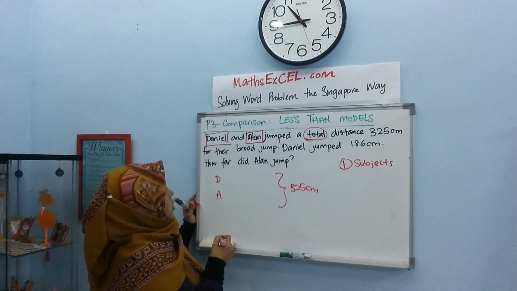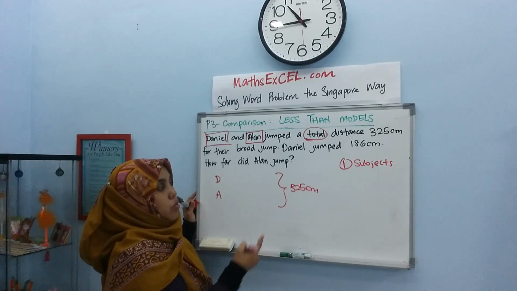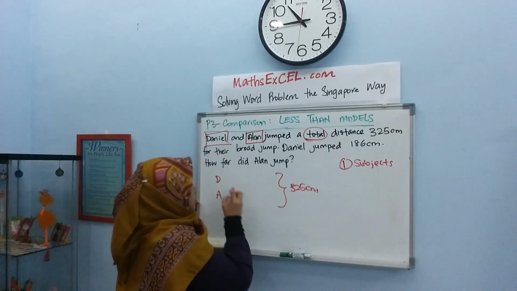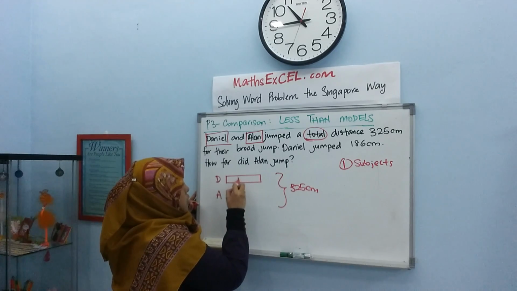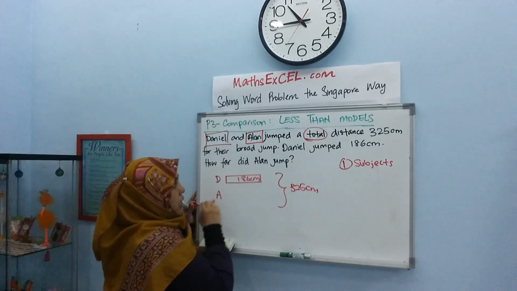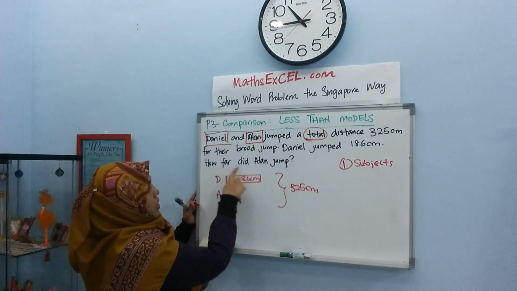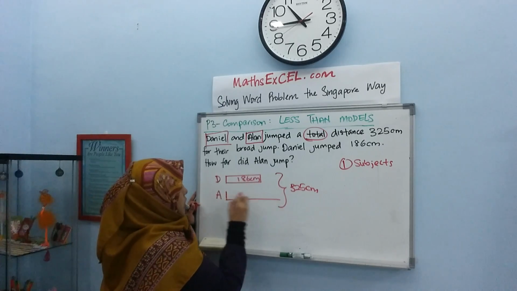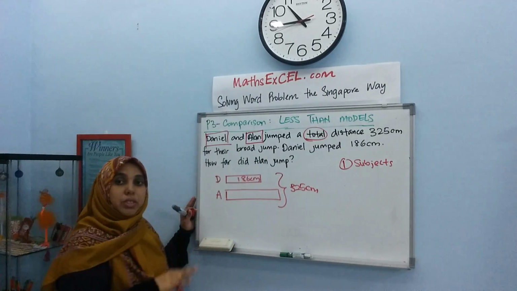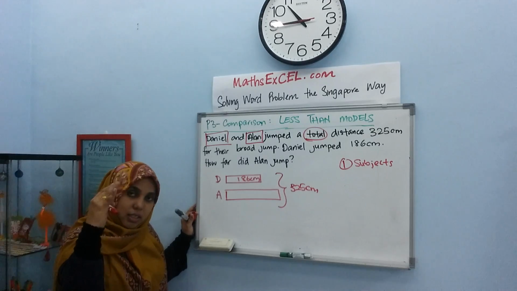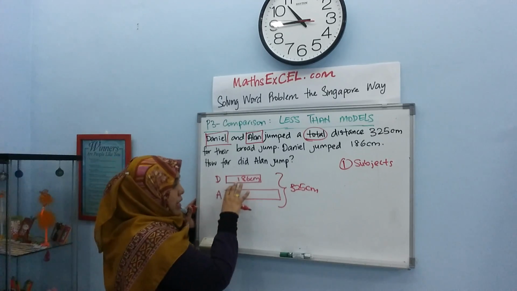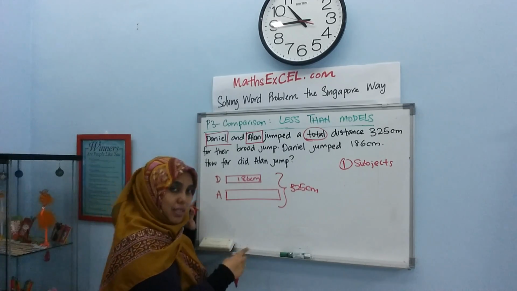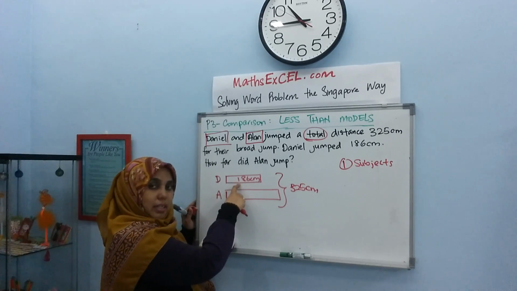Okay. Then Daniel jumped at a distance of 186 cm. So you can do it like this, 186 cm. Then how far did Alan jump? So we're going to draw, because we won't know who is more, who is less. For a child, sometimes they cannot visualize that actually after we do the minusing, Daniel is more.